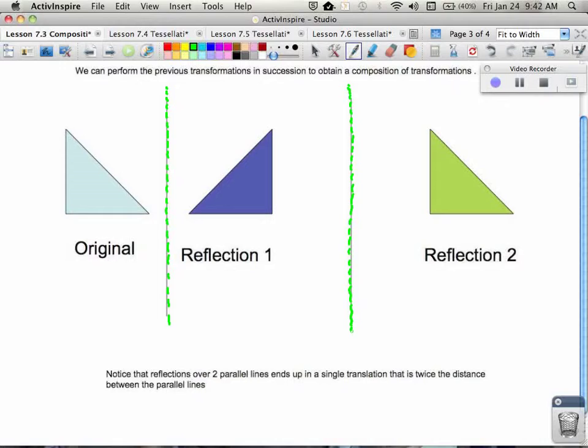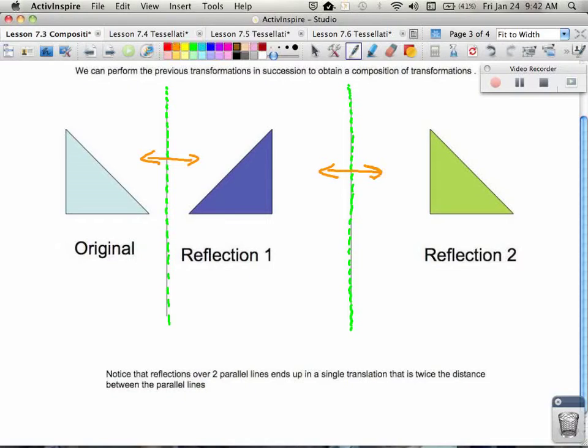What does that mean? So first of all, I reflected across this line, and then I reflected across this line, and in the end, the distance is twice between the parallel lines. What is that saying?